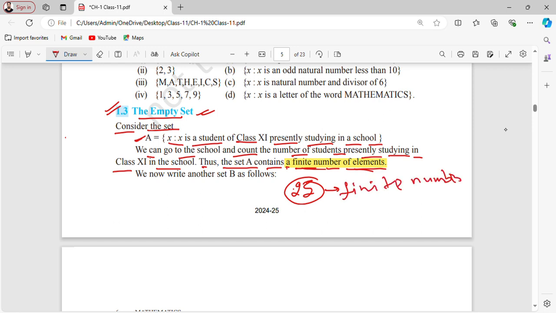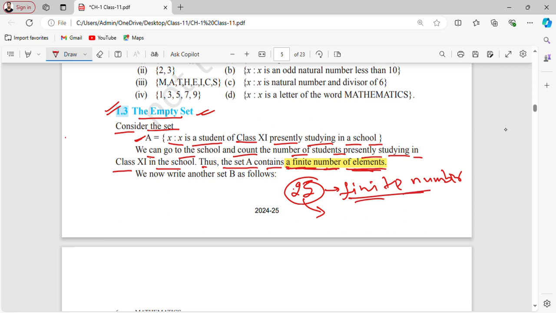We can say there is a finite number of elements in your class, because each and every student plays an important role in your class, and separately everyone is an element of the set. If you want to make a set, everyone will become an element of it, and 25 is a finite number of elements.